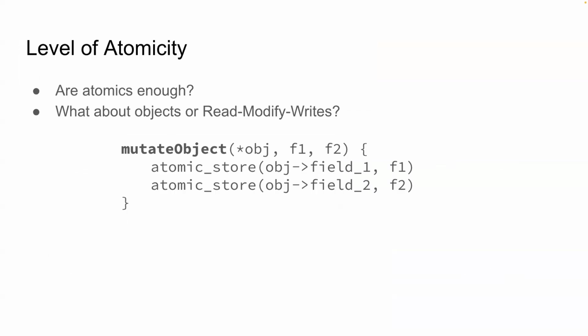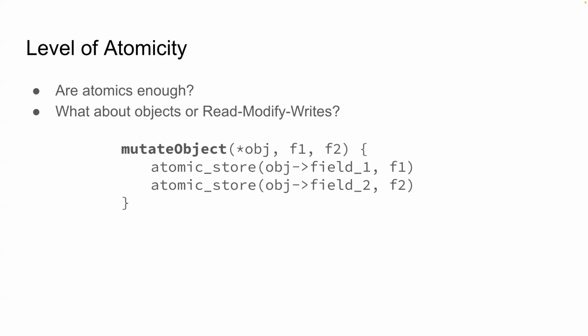Okay. So is single field atomicity enough? Do you think it's enough? Is that all you need? Does it solve all your problems? Any guesses? I'll just go through it. So this is some pseudocode.